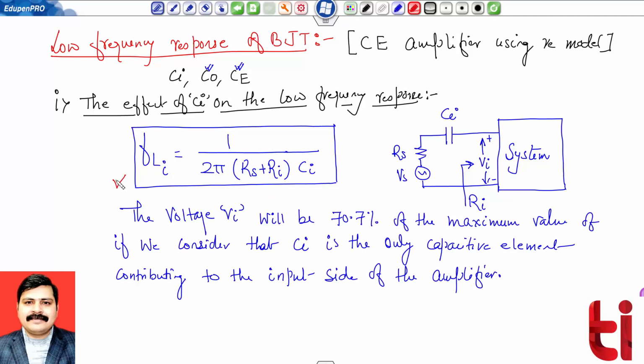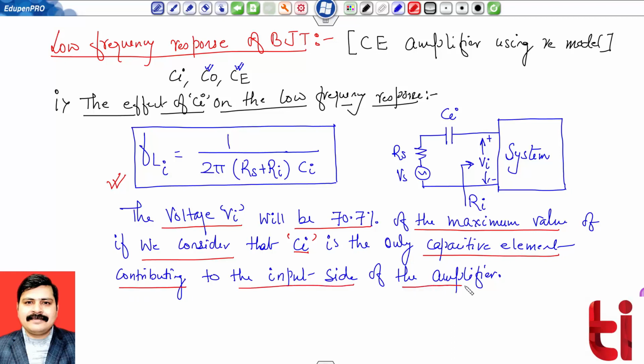At this particular frequency fLi, the effective input voltage Vi will be 70.7% of its maximum value when this input capacitance Ci is the only capacitive element participating on the input side of the amplifier.